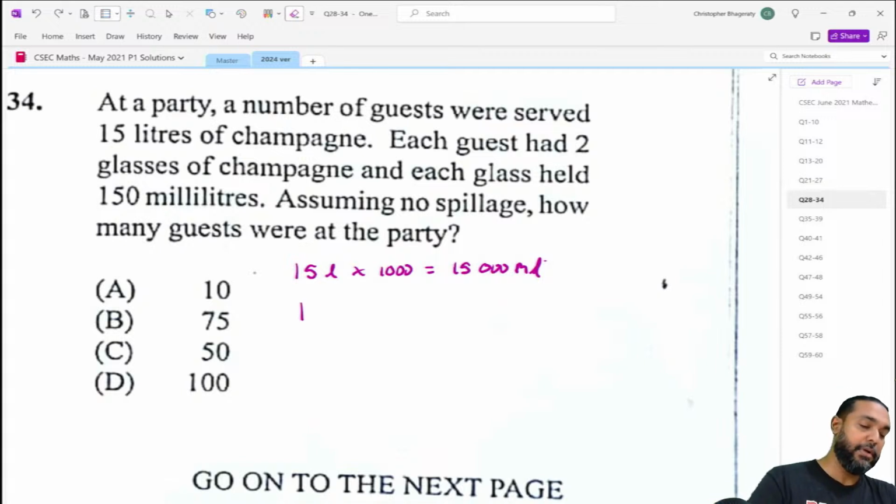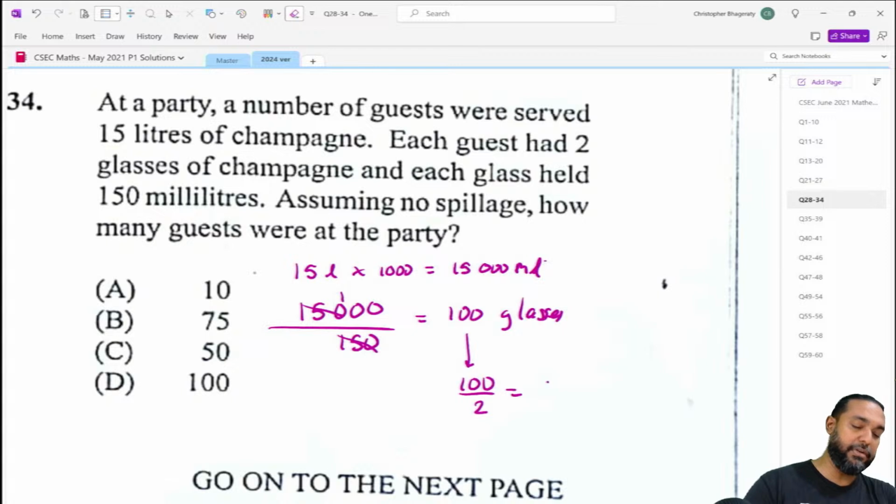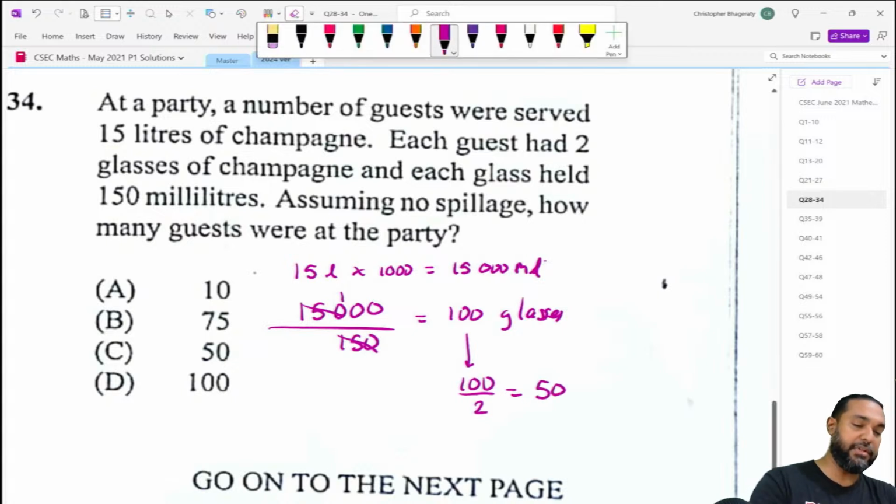You could take 15,000 and divide by 150. That will cancel with that one, so you have 100 glasses. And each guest had 2 glasses. So if you take 100 and divide by 2, we'll get 50 people. So C is the correct answer here.